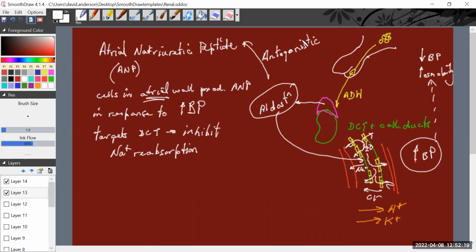So aldosterone, we said, promoted sodium reabsorption. ANP is going to inhibit sodium reabsorption. If we inhibit sodium reabsorption, we also inhibit water reabsorption. Therefore, blood pressure is decreased.